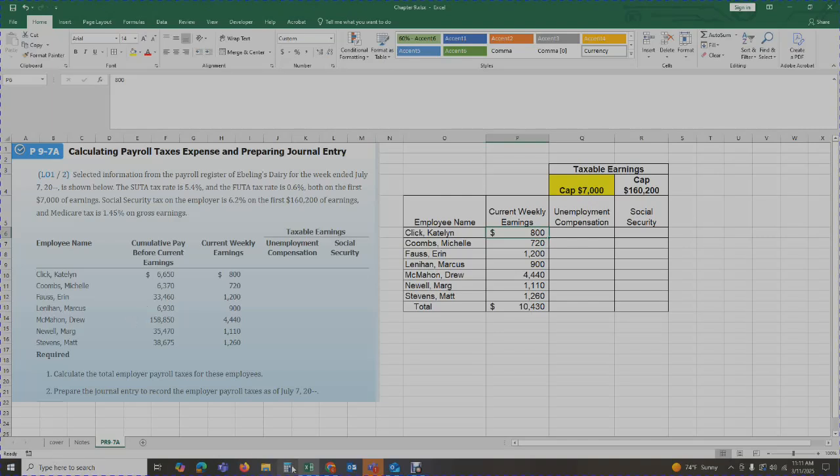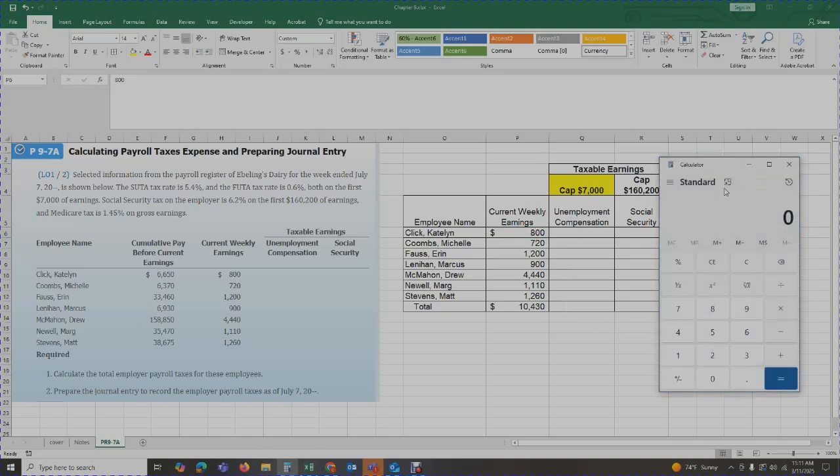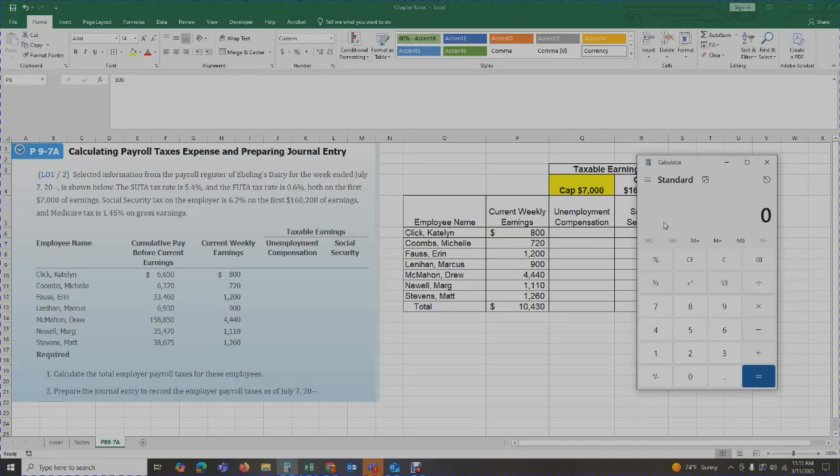So let's get our calculator out. We know that we are going to charge taxes for unemployment on the first $7,000 of earnings. My cap is $7,000. This employee has earned wages of $6,650. That means that they only have $350 to reach the cap.